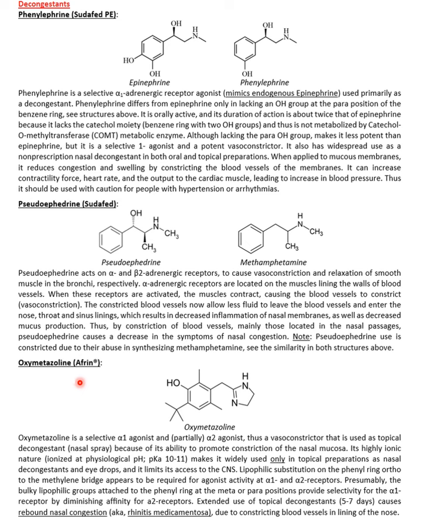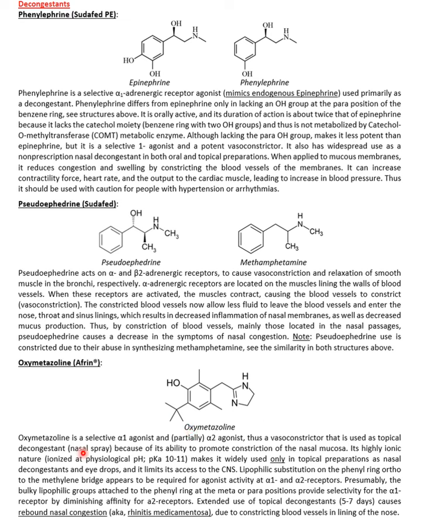The third example of decongestant drugs is oxymetazoline, sold under the brand name Afrin, and it is available as a nasal spray. It's most commonly used in a nasal spray, although it could also be given orally.